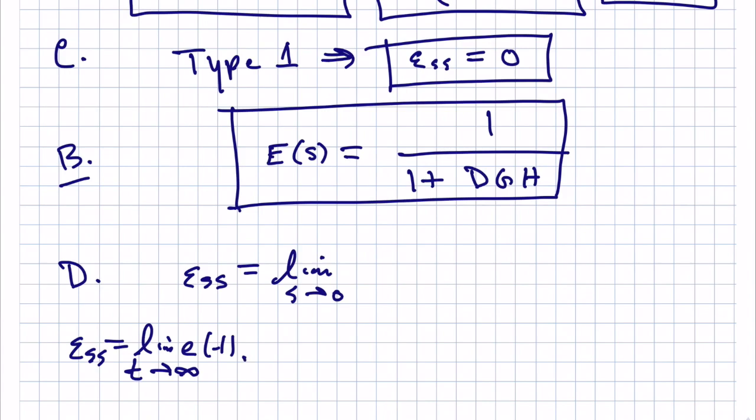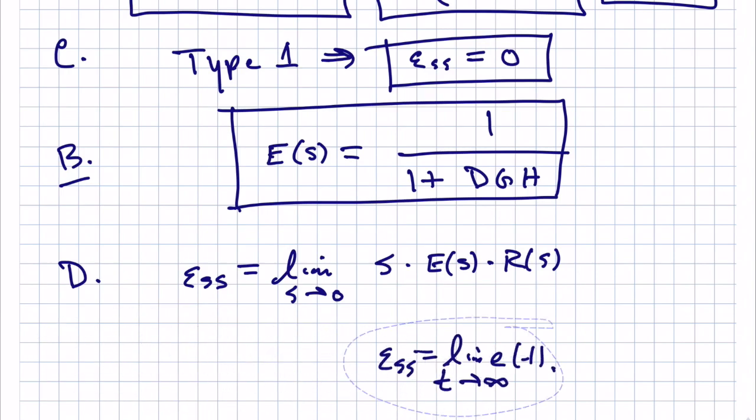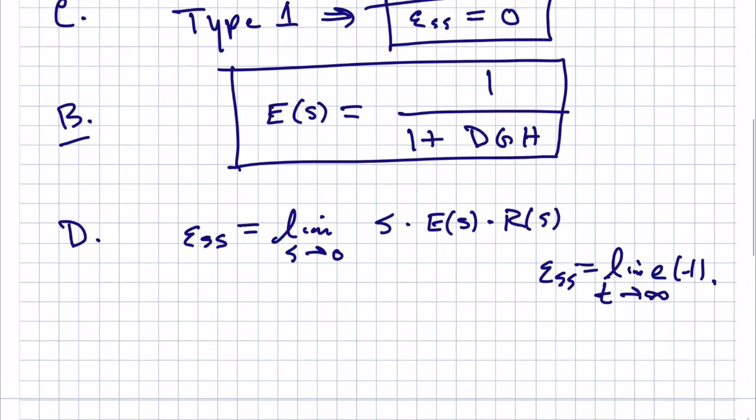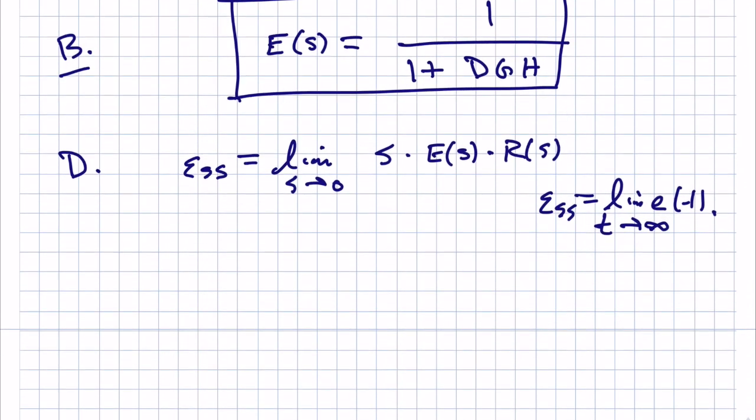Okay, and so from the final value theorem, we know that that would be s times E of s times the input signal R of s. Okay, so that's where we are, and we now need to determine what R of s would be.